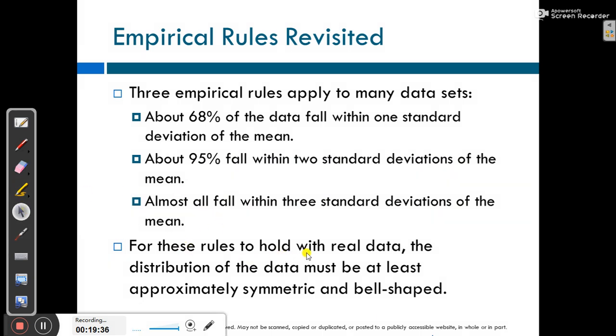For these rules to hold with real data, the distribution of data must be at least approximately symmetric and bell-shaped. That is why this is the normal distribution.